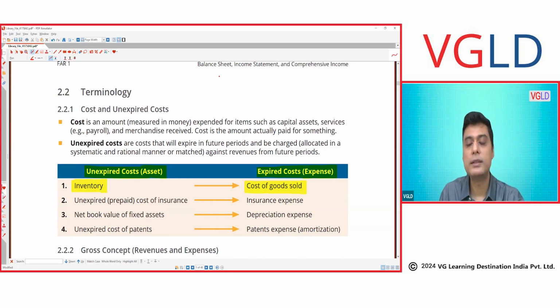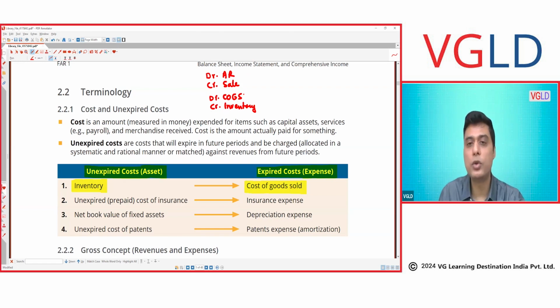So when you sell inventory, you do debit AR credit sale. But along with this, you also do another entry, which is debit cost of goods sold, credit inventory. You will do two entries, debit AR credit sale and debit cost of goods sold, credit inventory.